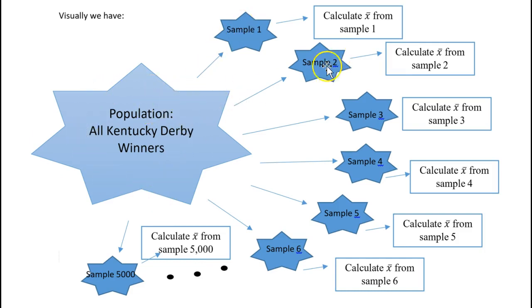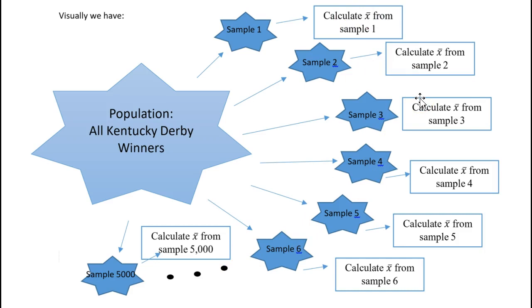Then we continually took samples of 30 from that population. Notice each of the darker shapes here looks similar to the big shape, and they represent different random samples taken from the population. From each of these samples, we could calculate x bar. So if we took 5,000 samples, we would have 5,000 x bars.